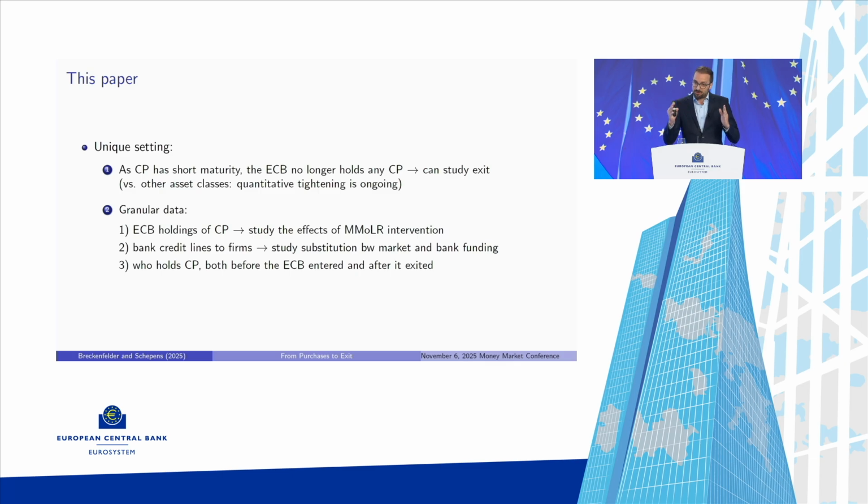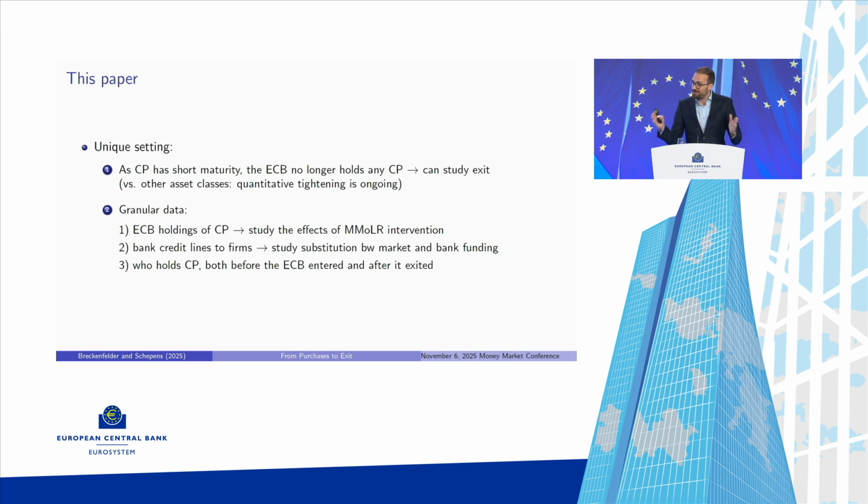This provides a unique setup because a nice feature for our study of commercial paper is that it has very short maturity. And the ECB, in fact, no longer holds commercial paper. So we can look at the exit vis-à-vis other asset classes such as sovereign bonds, for instance, where quantitative tightening is ongoing.